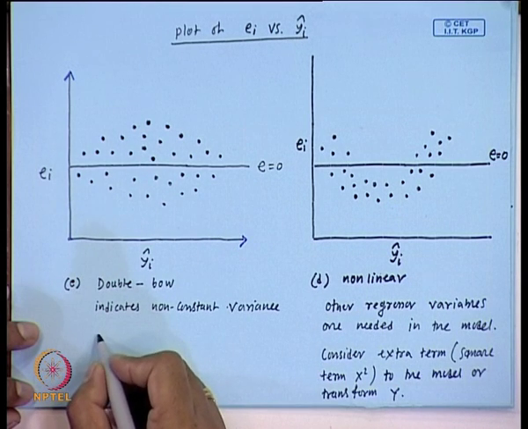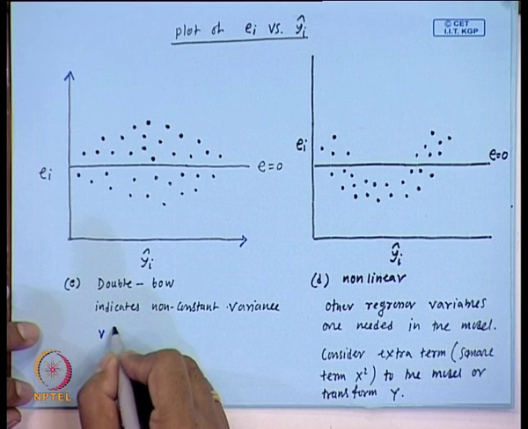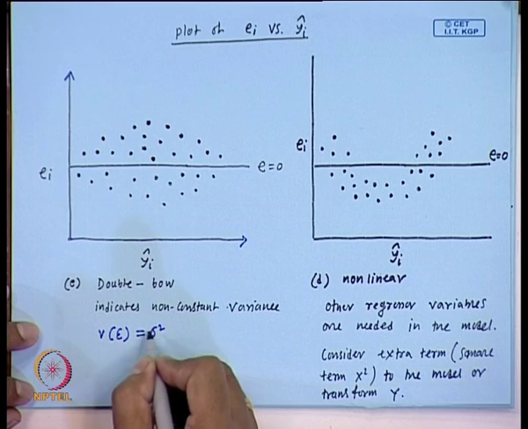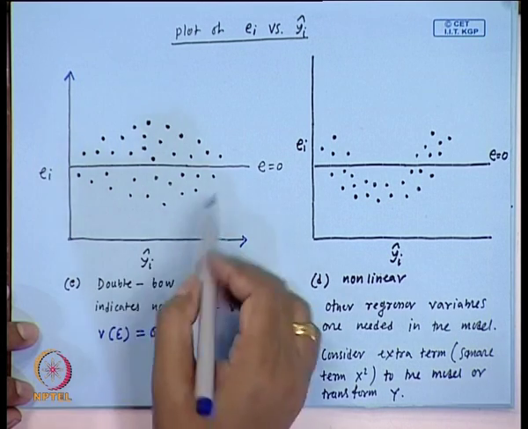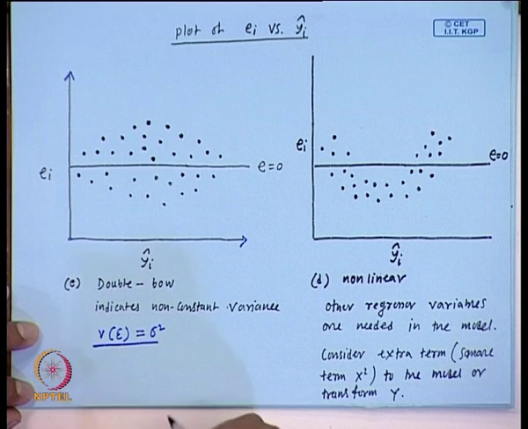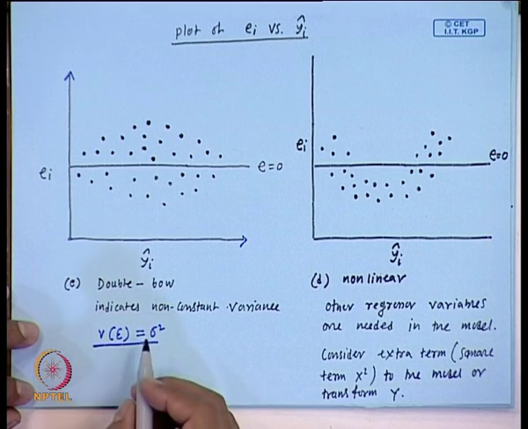That means for variance of epsilon, we can't assume that this is equal to sigma square. So, this pattern also violates this assumption.